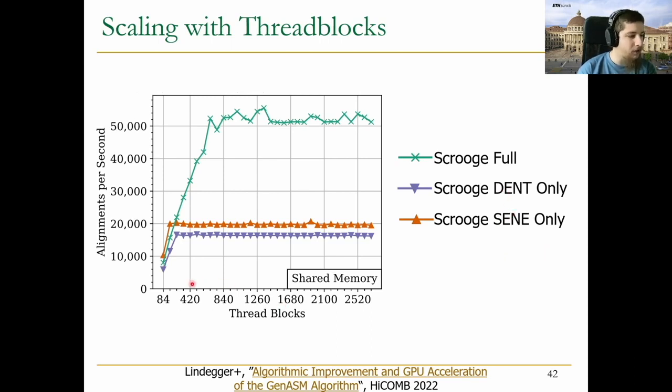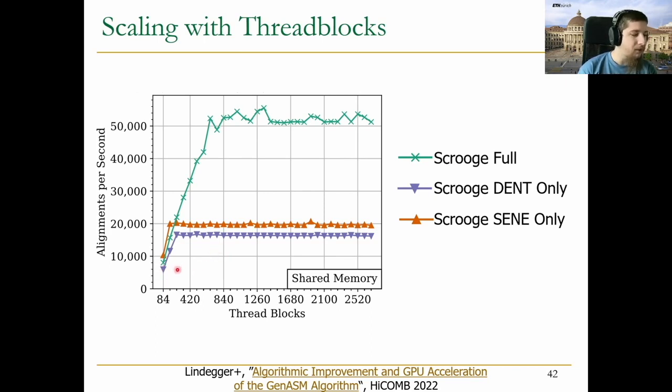But unfortunately, you cannot run it in practice with our implementation, because our implementation uses slightly more than 96 kilobytes of memory, so you can just barely not fit it into SRAM, into shared memory at all, even with a single thread block per SM.